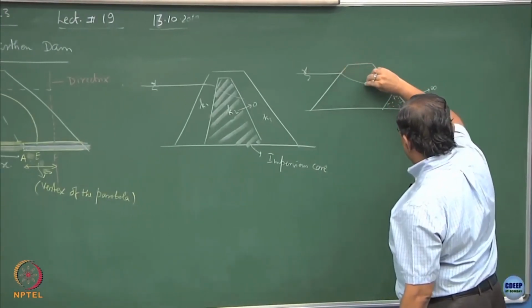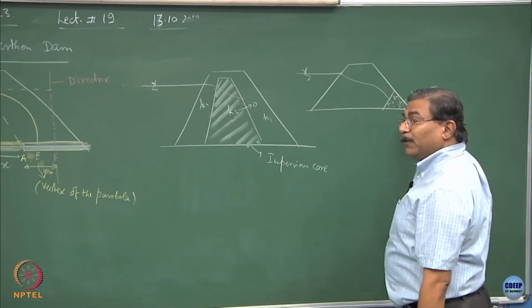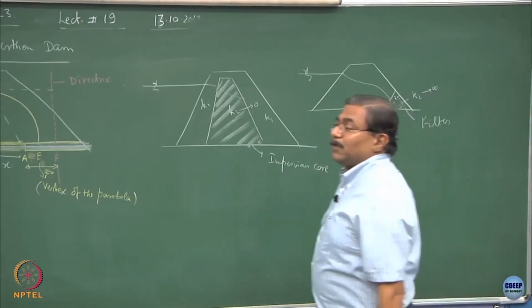The top flow line will come, hit across this, and then it enters into K2. Whether it will enter into K2 or not is a big question.